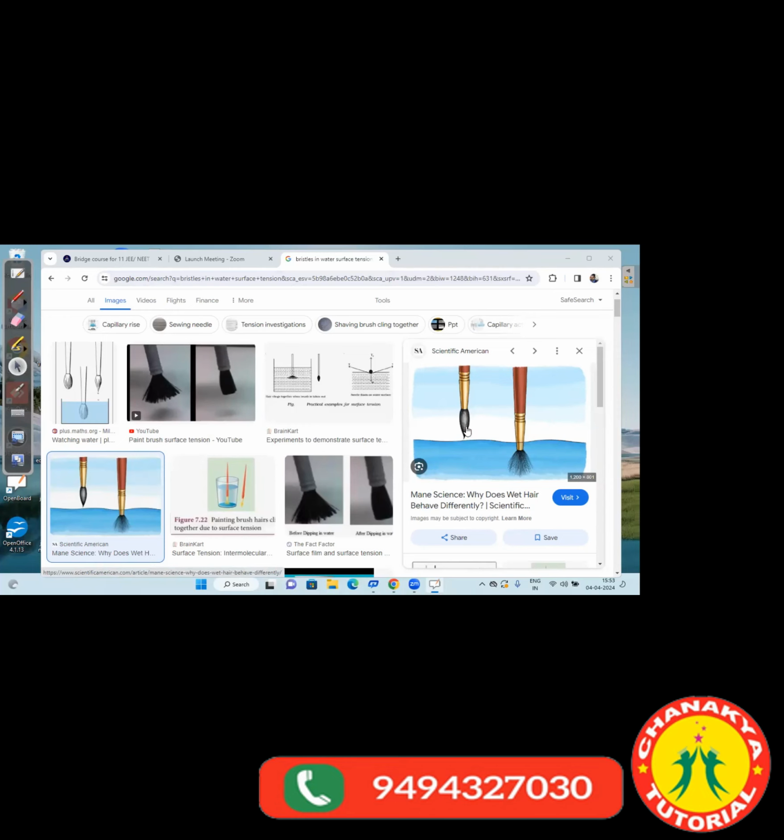But when they are outside of water, there is a film of water just on the outer surface of the bristles. The film of water is stretched. It is like a membrane. So it tries to occupy the minimum surface area, and hence it holds all the bristles together.